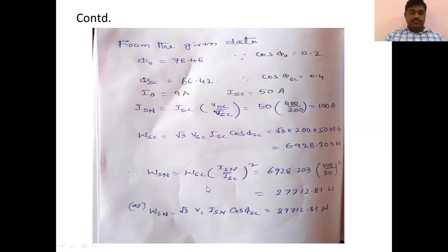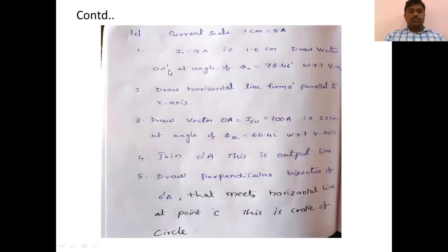After calculating these values, now we have to draw the circle diagram. I have chosen the no load current scale 1 centimeter equals 5 amperes, so no load current 9 amperes equals 1.8 centimeters. We have to draw the circle diagram with respect to the V axis. So we take the voltage phasor V as the Y axis.